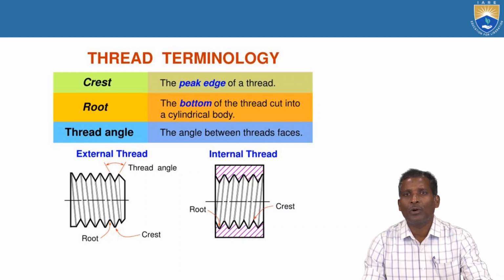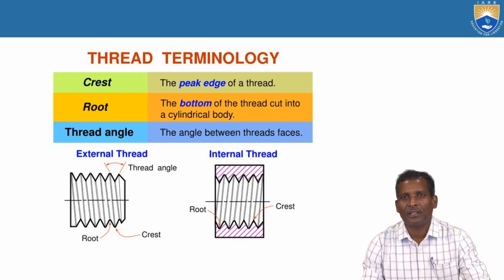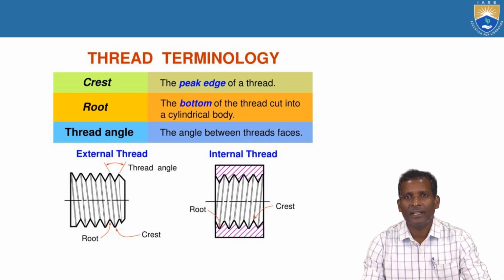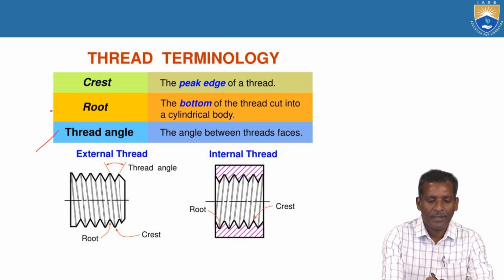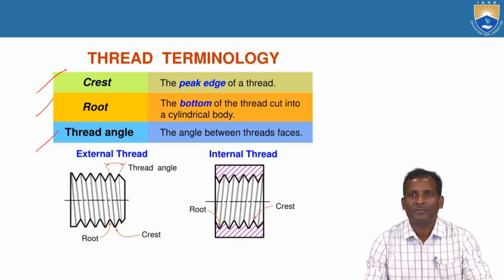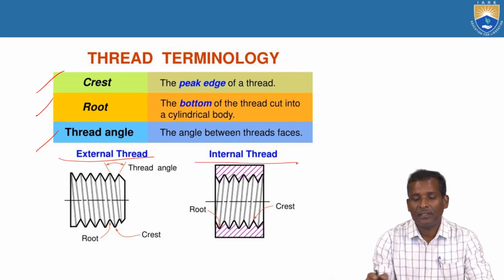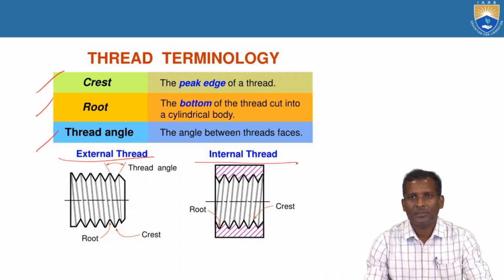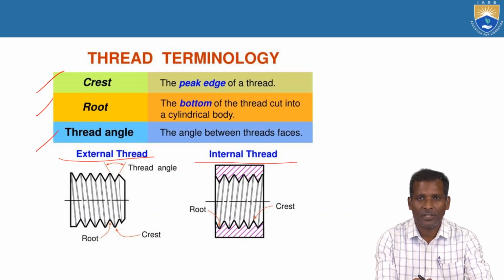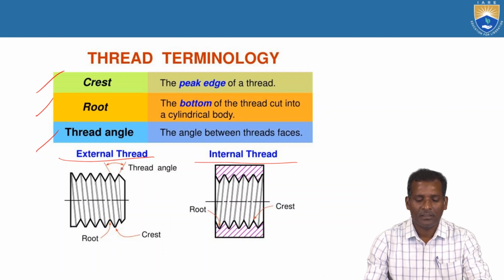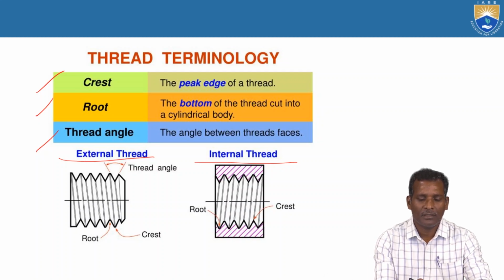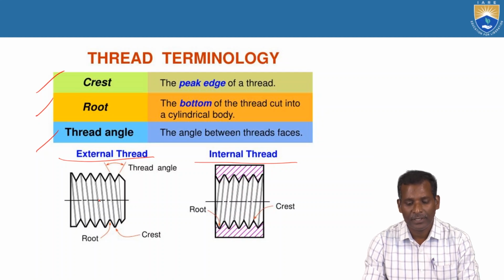Next, other important terms are thread angle, root, and crest. In this diagram, external thread and internal thread are shown. Already we have discussed the external thread: the thread portion cut on a cylindrical component.